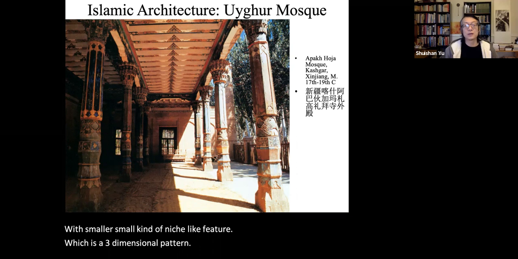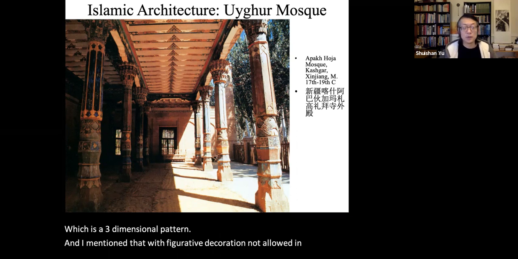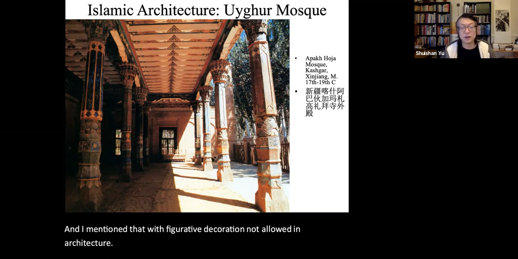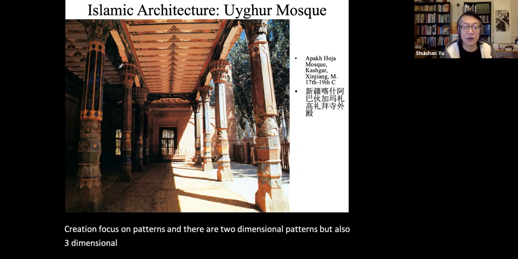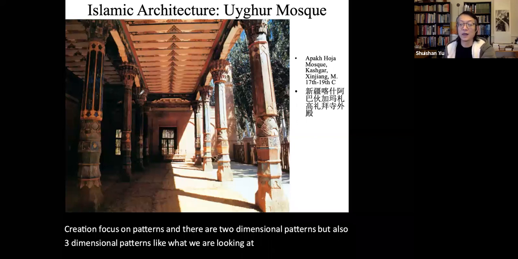I mentioned that with figurative decoration not allowed in architecture, creation focuses on patterns, and there are two-dimensional patterns, but also three-dimensional patterns like what we are looking at in these capitals.